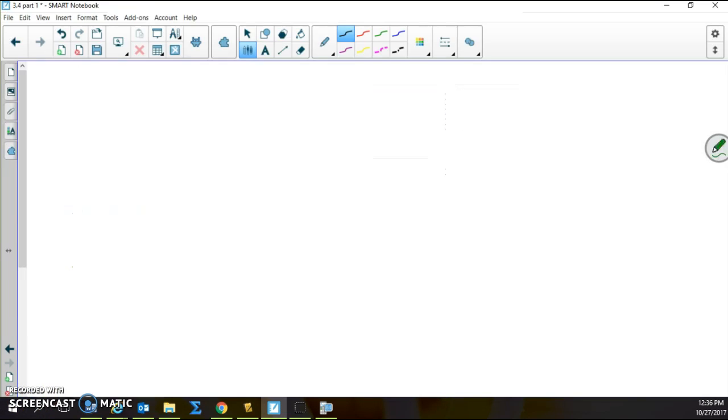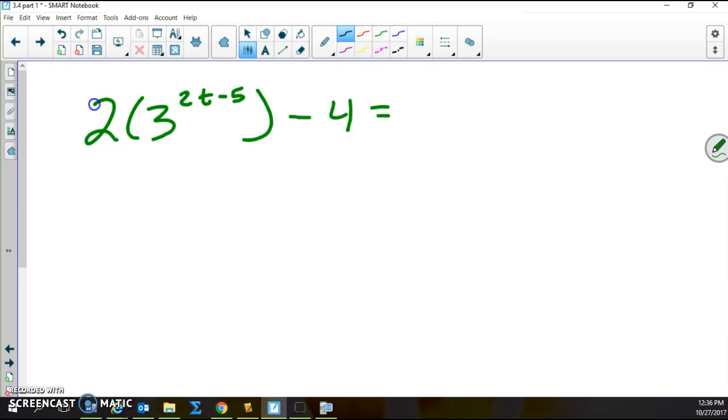I'm going to go over example 4 on page 212, solving an exponential equation. We have the function 2 times 3 to the 2t minus 5, minus 4 equals 11. And what we're going to do, solving algebraically again, is reduce to just the base and the power.